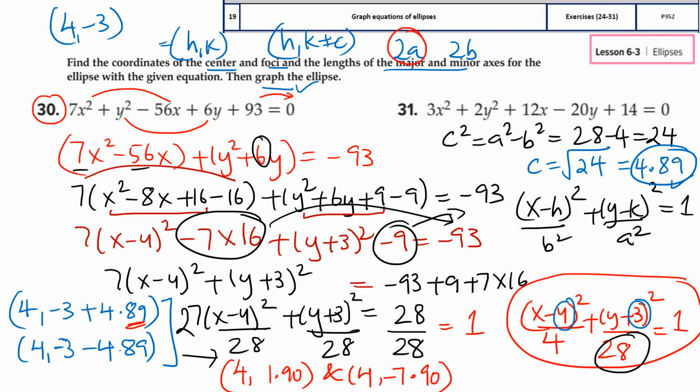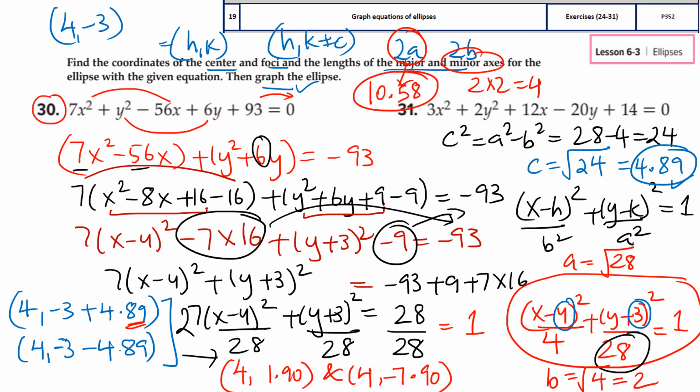Major axis is very easy, 2 times a. So a is square root of 28. You can do that on your calculator, you'll get decimal. B is 2. So minor axis is 2 times 2, which is 4. Major axis is, after converting to decimal, 10.58. So these are your final answers.